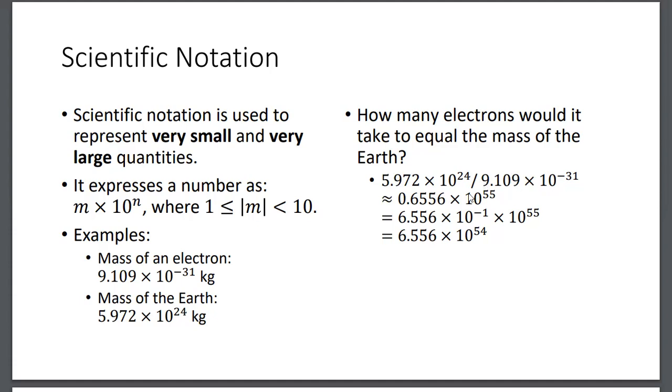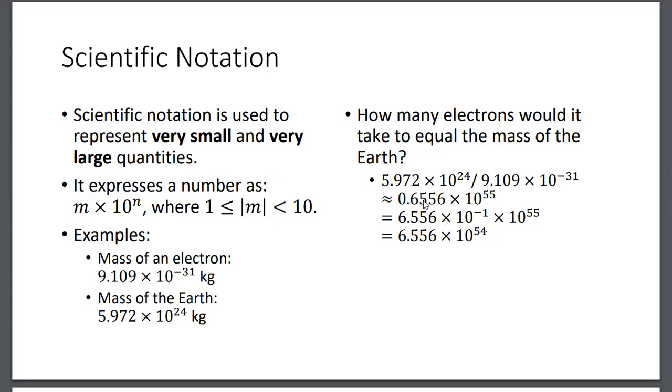Dividing these two decimal parts that do not involve exponents, you get approximately 0.6556. Then, using the quotient rule on exponents with like bases, 24 minus negative 31, because you subtract, is the same as 24 plus 31, 10 to the 55th power.